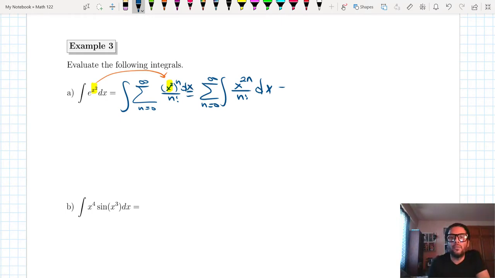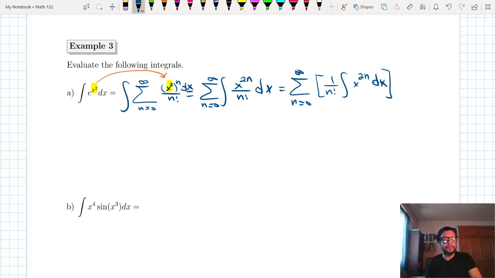So what I'm going to do as well to get this easy to visualize, one over n factorial times the integral of x to the 2n dx. Okay, and now we're going to use the general power rule to evaluate this integral.